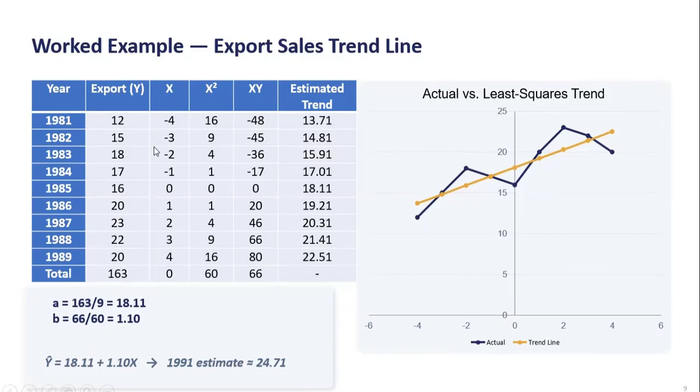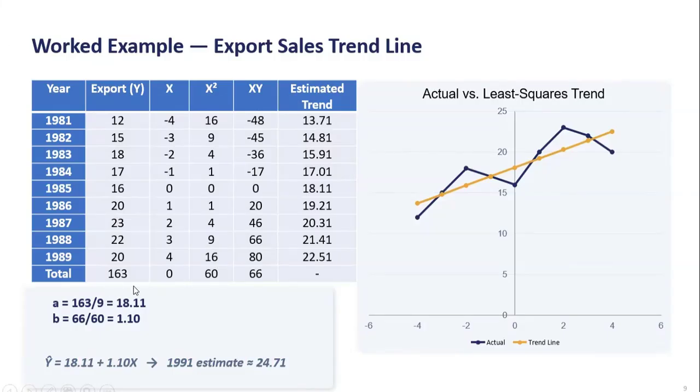This gives X values from minus 4 to plus 4 and the sum of X becomes 0. Next we prepare the table with 4 columns: X, X square, XY and the export values.